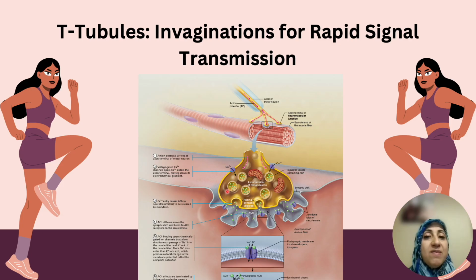Calcium release happens when the action potential in the T-tubule causes a voltage-sensitive protein to change shape, opening the calcium release channel in the SR. The influx of calcium into the cytosol initiates the sliding of myofilaments, leading to muscle contraction.